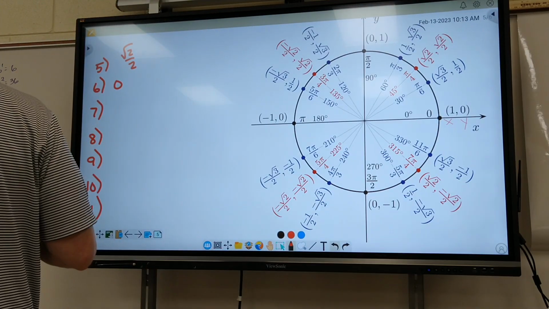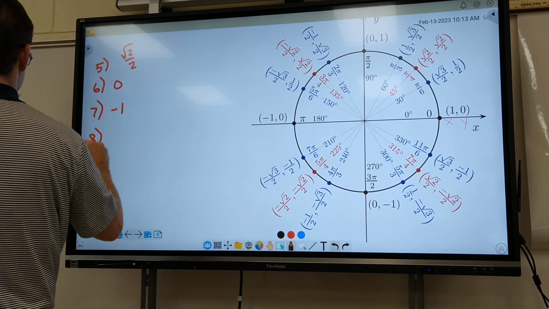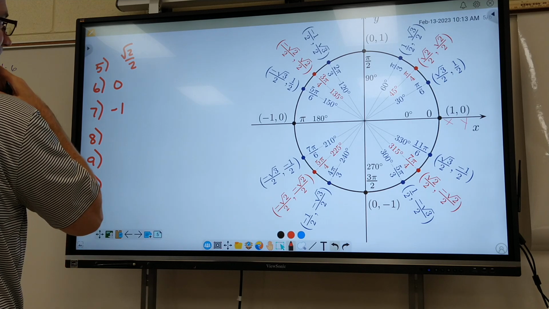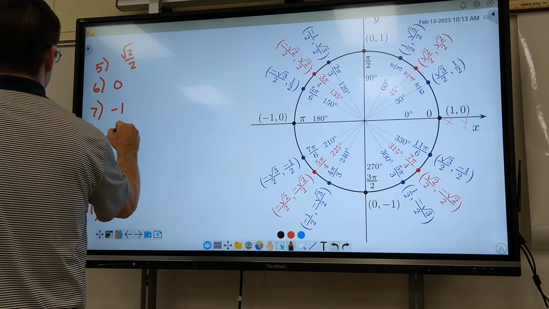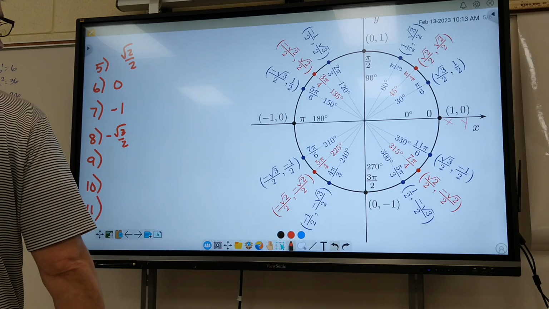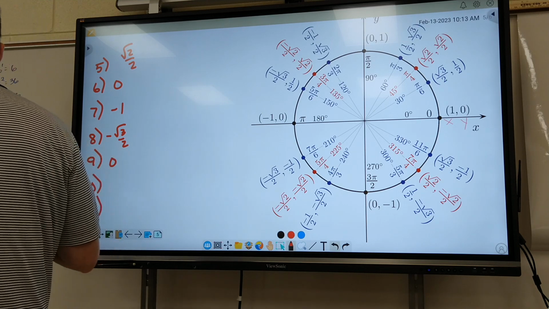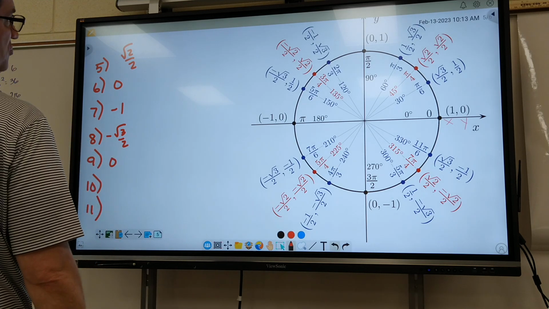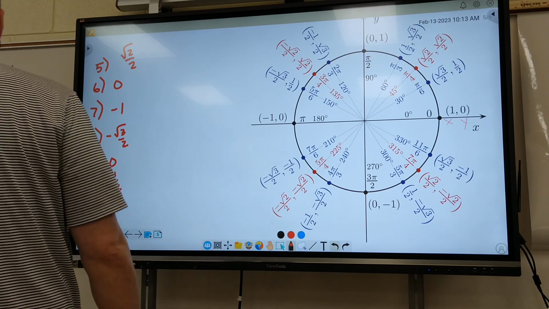Jacob, 7. 3 pi over 2. Sine -1 is correct. Leanna, 8. -√3/2. Yep, I agree. -√3/2. 9. Talia. Sine of pi. Yep, 0. 10. Y'all got cosine of 120. So it's -1/2.